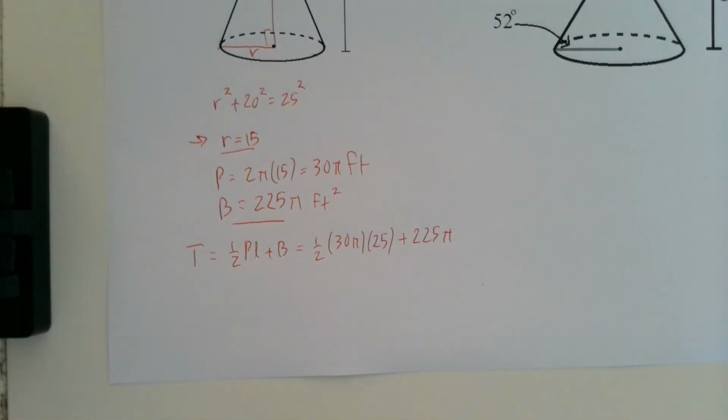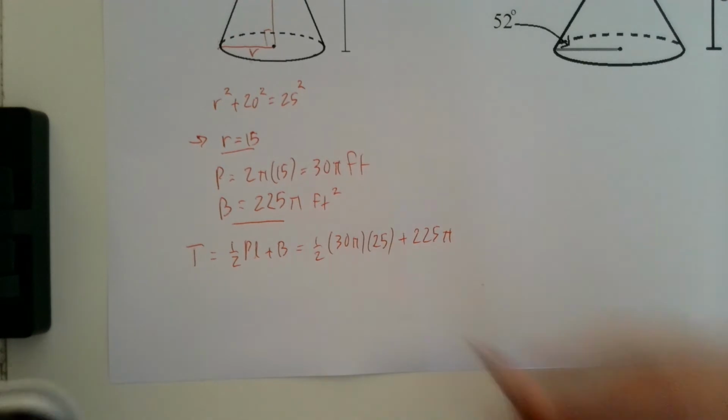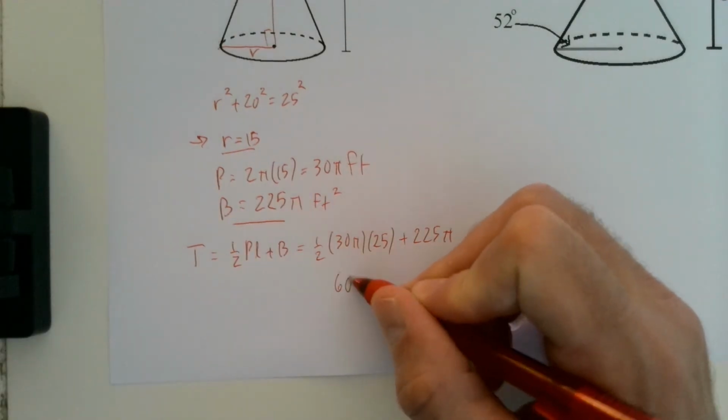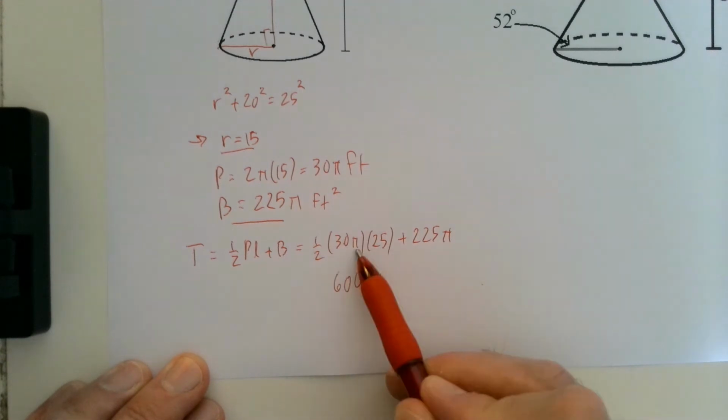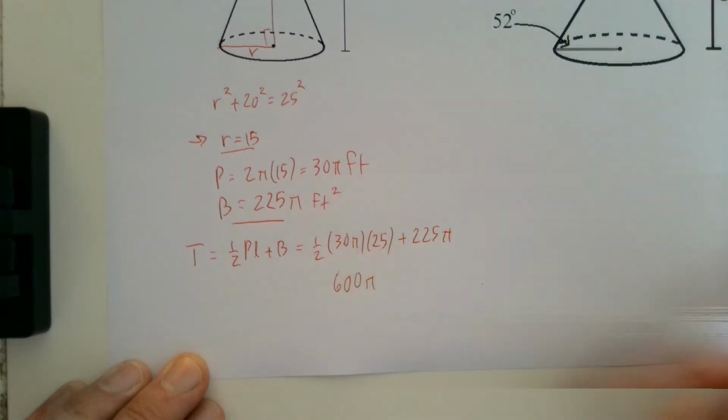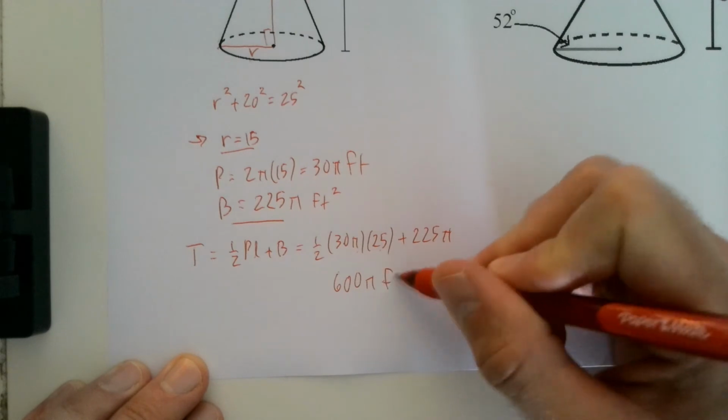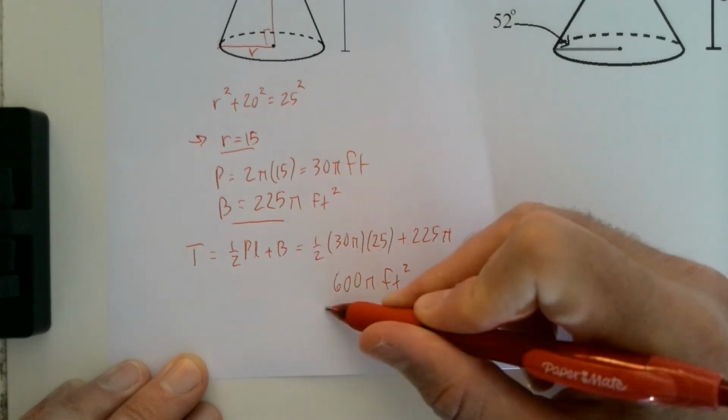Okay, so let's take 15 times 25, because that's half of 30. That should be 600 pi whenever you're done. So I did half of 30, pi times 25, plus 225. That's still an area, so make sure we do square units.